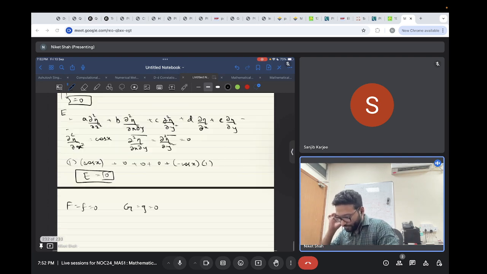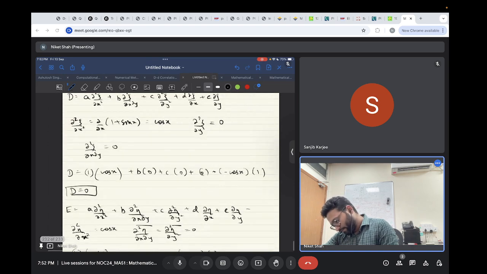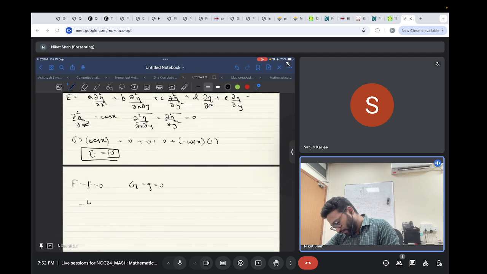So this is my new partial differential equation. What is it? I just have B to be non-zero. Therefore, minus 4 del square U by del eta del zeta is 0. Therefore, U basically is a function of eta plus a function of zeta.